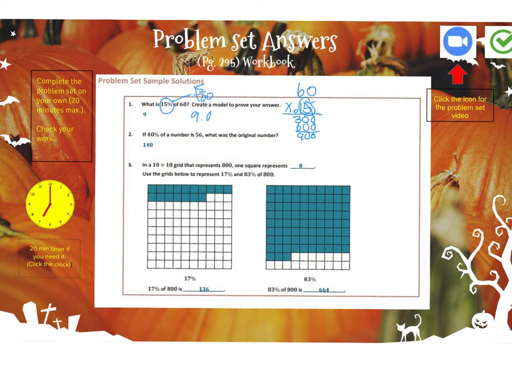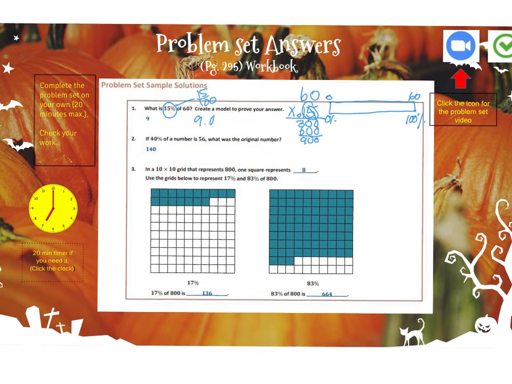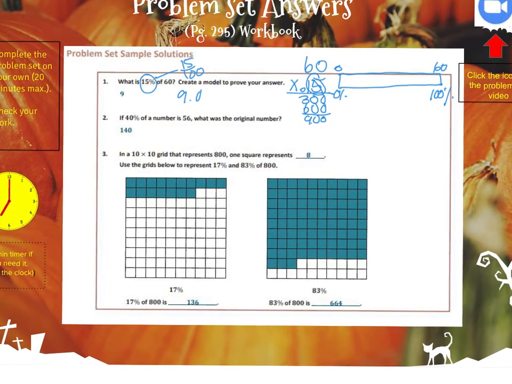So that means I need a model right here. I have 0 to 60 for the top, and then below I'm going to have 0% to 100%. I'm going to enlarge this just a little bit.